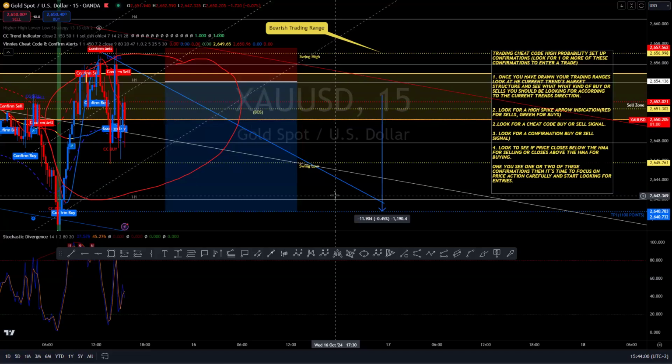So that's fine. $8 is nothing. Let's see what the next candle is going to do.